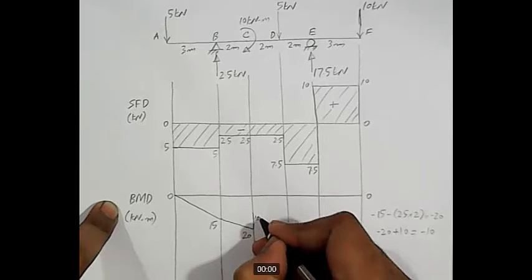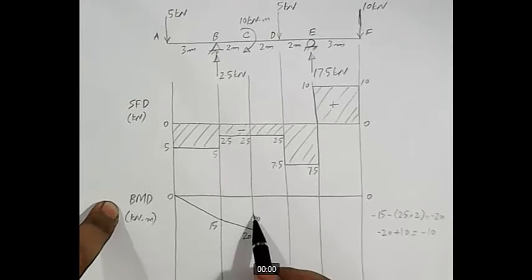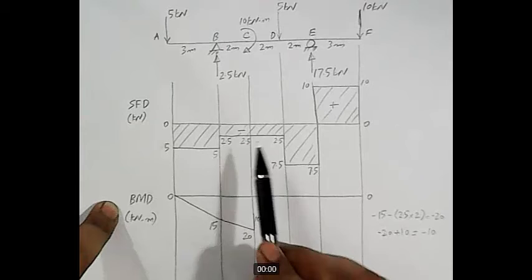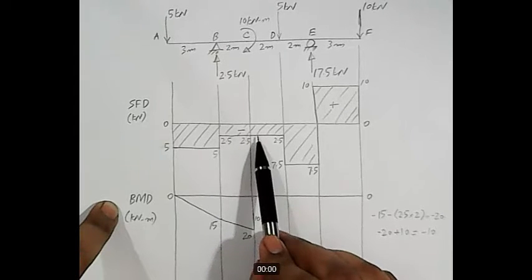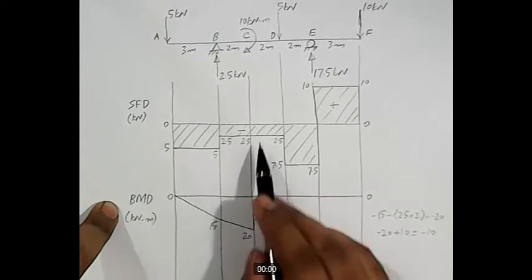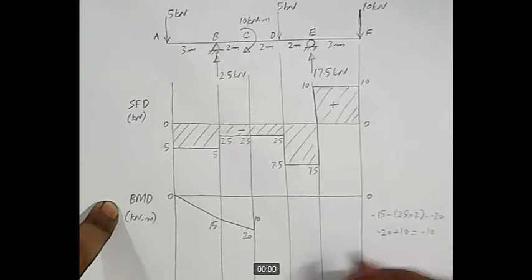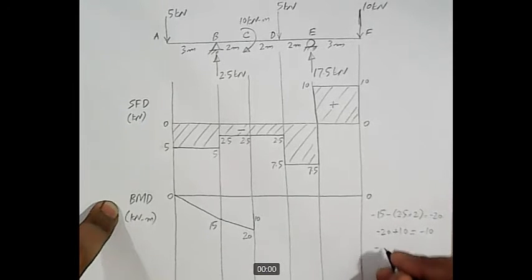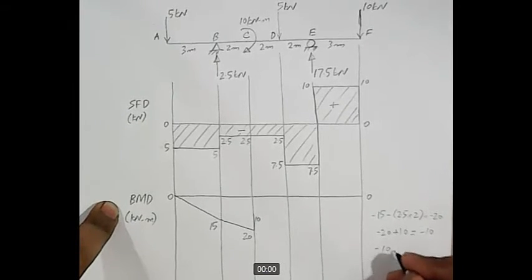Okay. And then at this point, when we want to move to point D, we will have to consider the area between C and D of SFD to get the value here. Currently at point C, the value is minus 10. And how much is this area?